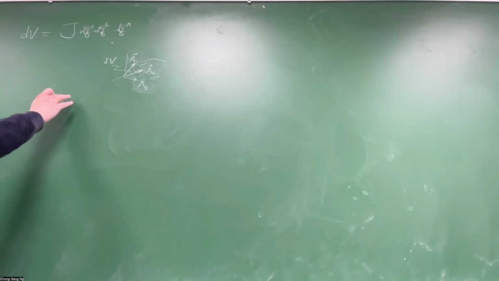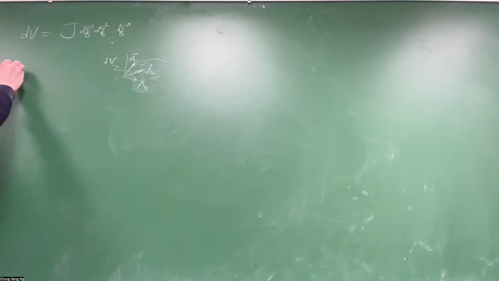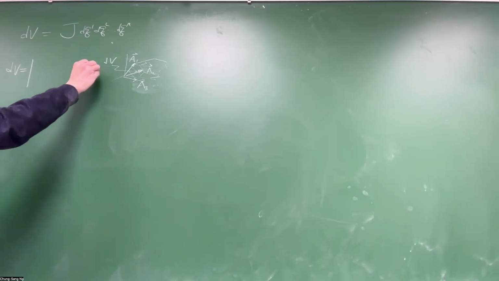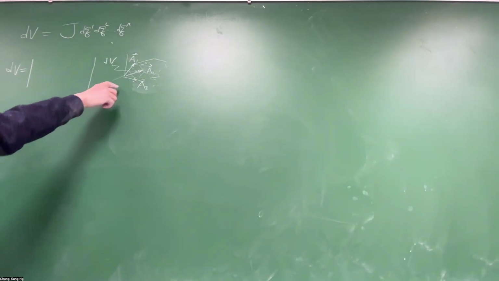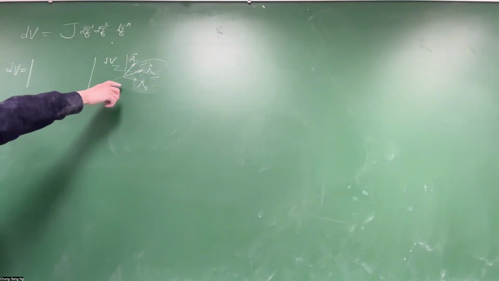The claim is that this volume is just the determinant of all the components, back in the original Cartesian coordinates.